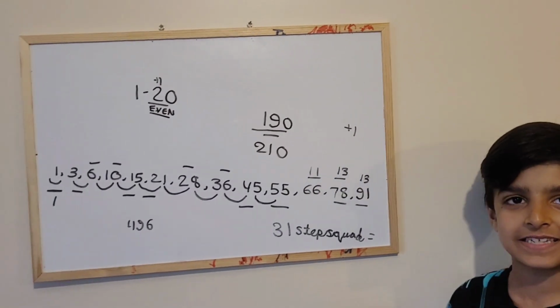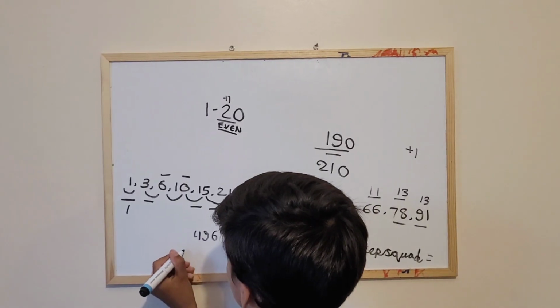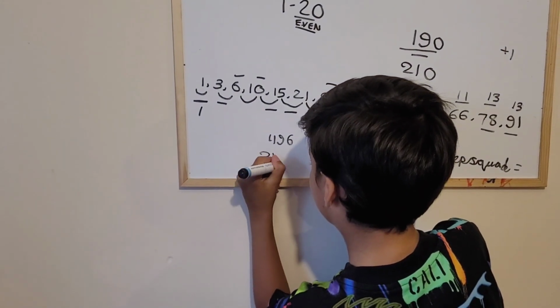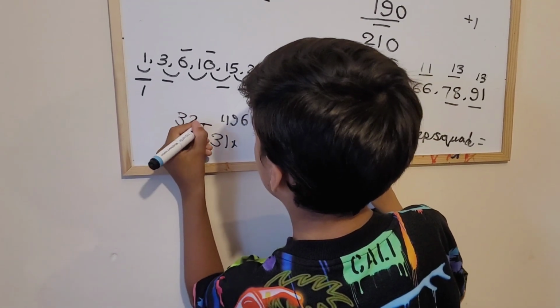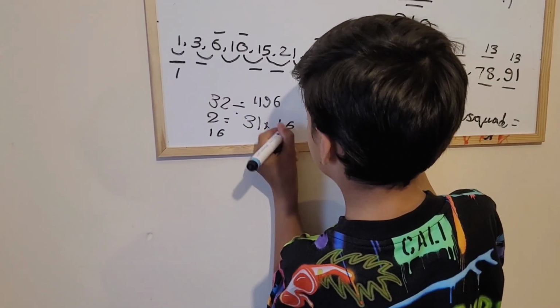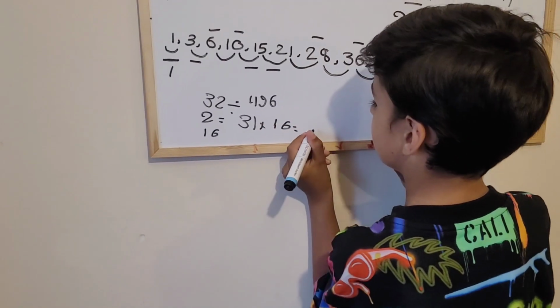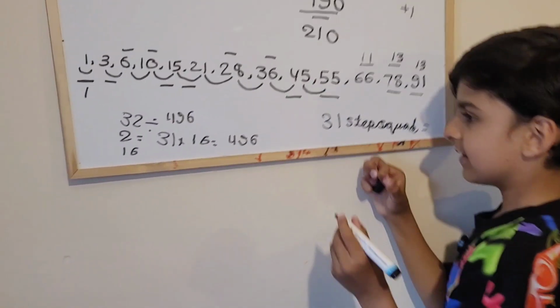But 31 times something is 496. 31 times, use the plus 1 again, 32, and divide by 2, which is 16. 31 times 16 will be 31 step squad, which is 496.